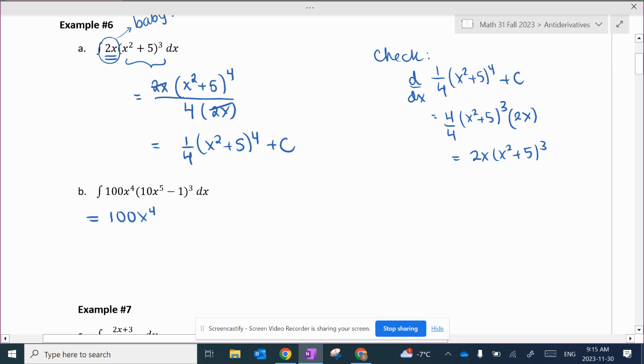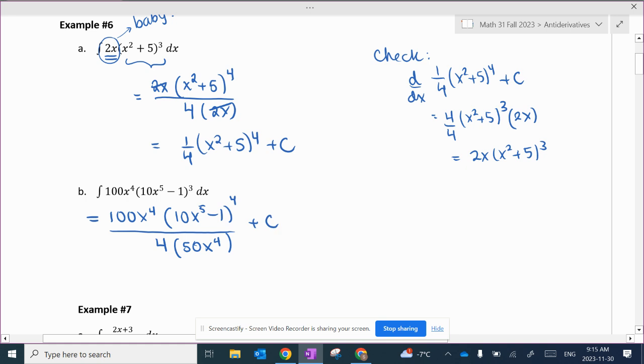Let's find the antiderivative of 10x to the 5 minus 1 to the power of 3. So that's going to be 10x to the 5 minus 1 to the power of 4 over 4 and over what else? 50x to the power of 4.